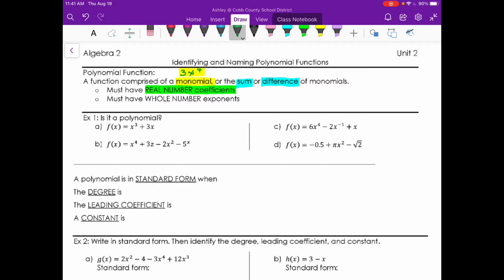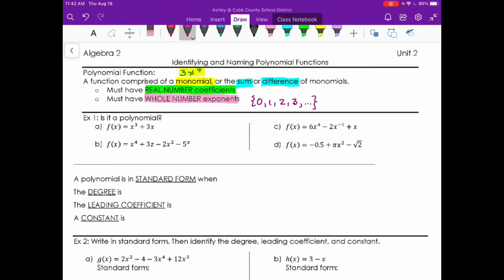Okay, so almost anything we could think of, any number in the real world. We have to have whole number exponents, and that's a little bit more specific because whole numbers are like 0, 1, 2, 3, etc.